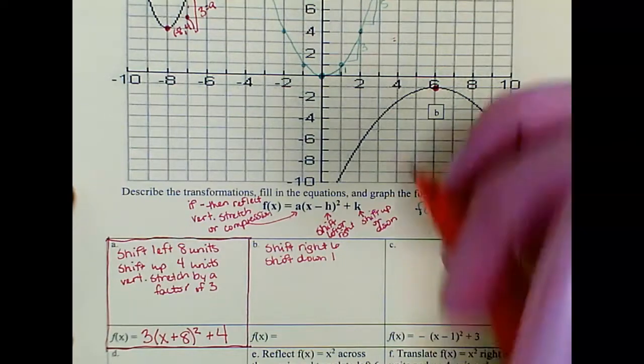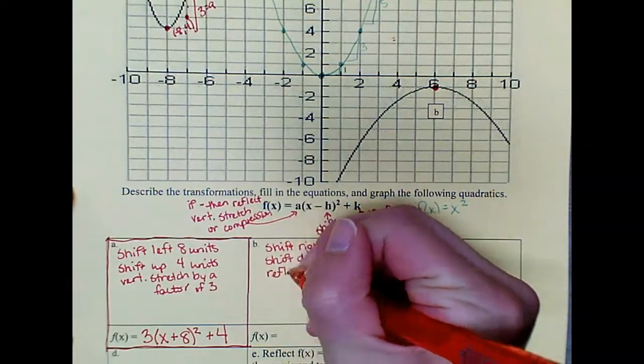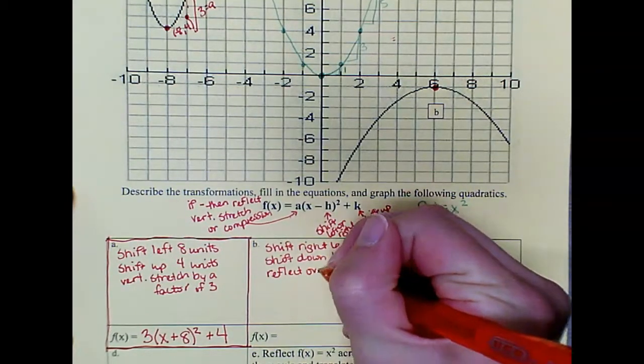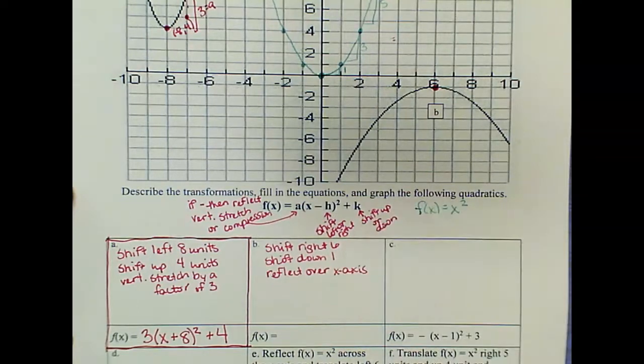We do, because the graph is opened down. So we reflect over the x-axis.